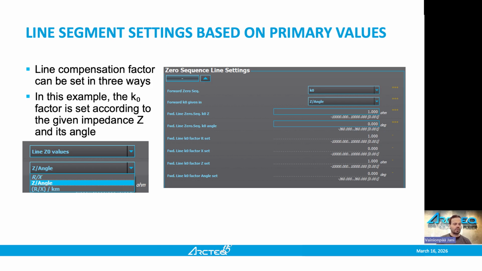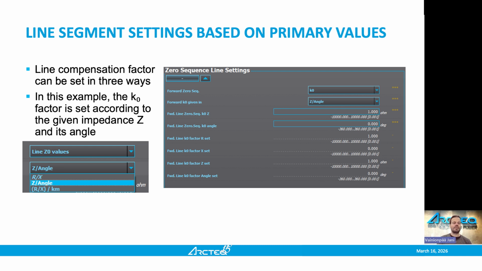It can be the total R per X value between stations A and C, or it can be the R and X as per ohms. But in this example, to create some variety, we are using the Z, the impedance value, and its angle. But since we don't have any real network behind us, we don't have any real values to set here. Therefore, I'm just putting the impedance value as 1 ohm, and the angle is 0 degrees.